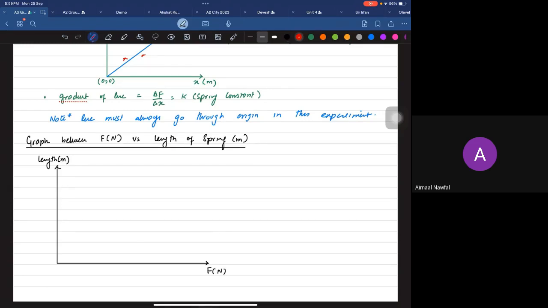Generally, it's like that. This graph starts from a y-intercept. It doesn't start from the origin, and the reason is this is not an extension graph. This is a length graph, which shows you two important factors. From this point to this point, this shows you the unloaded length. It means when you have not put any force, what was the length of the spring?